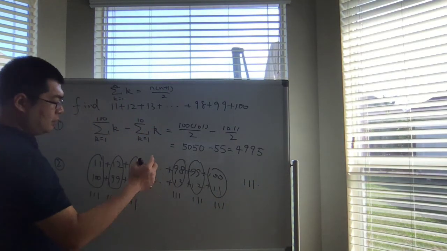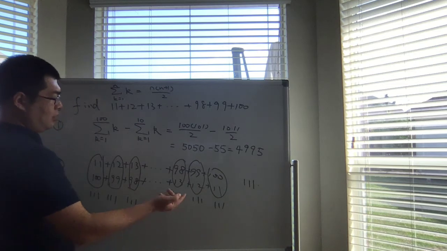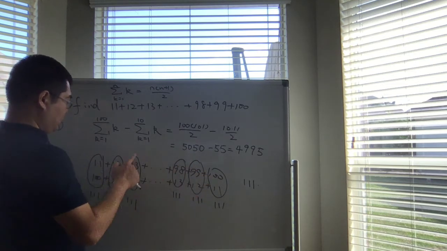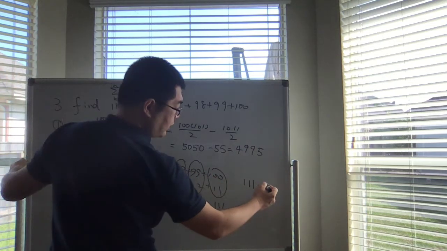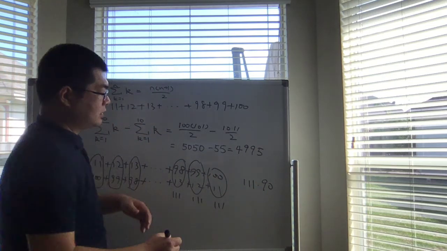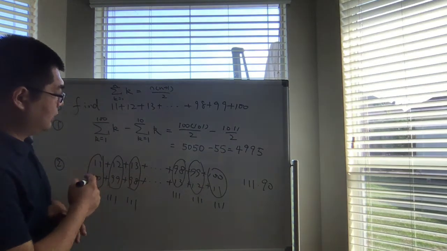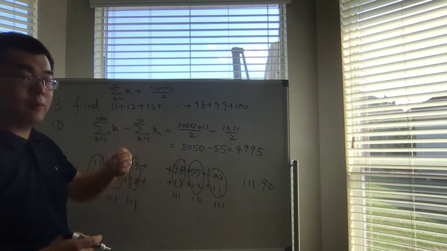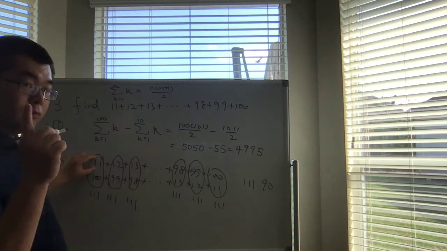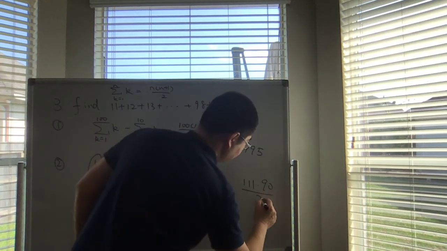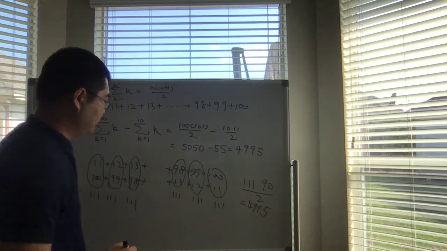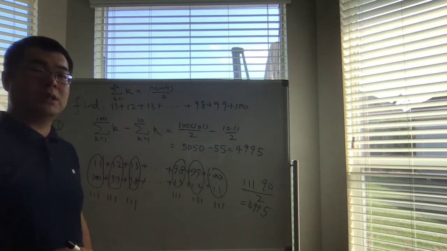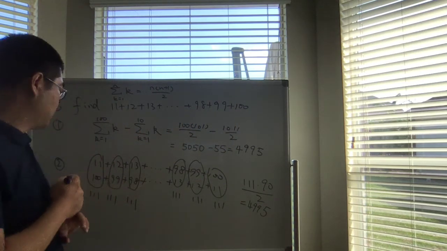Times how many 111s I have? Well, it turns out it's 100 minus 11 and then plus 1, which is 90, right? So this is the summation of all these pieces. But what I want is the value of one copy, so I divide by 2. That also gives you 4995. Okay, so this is the second approach.